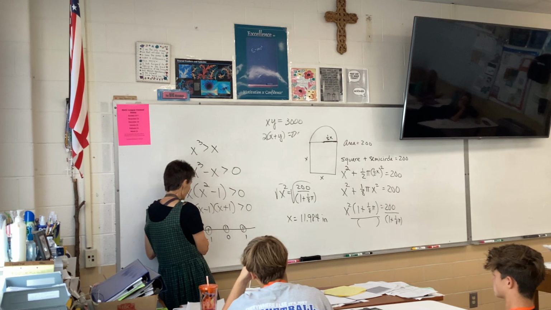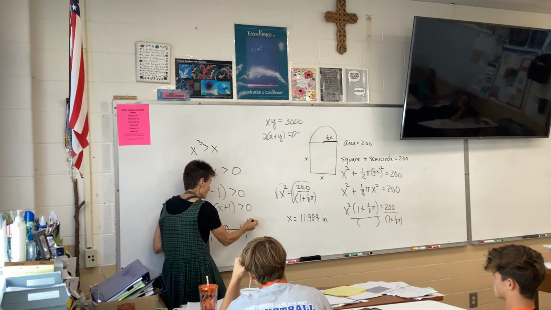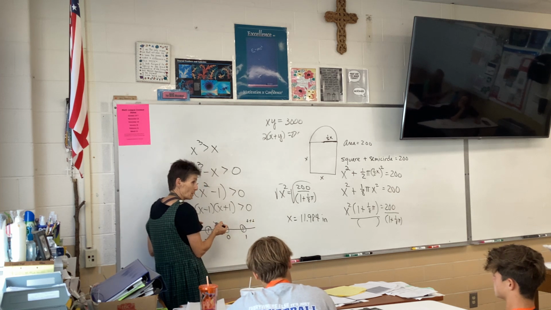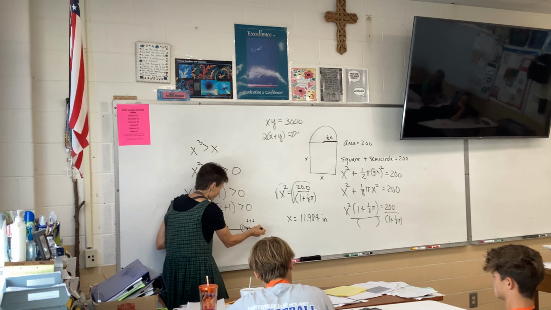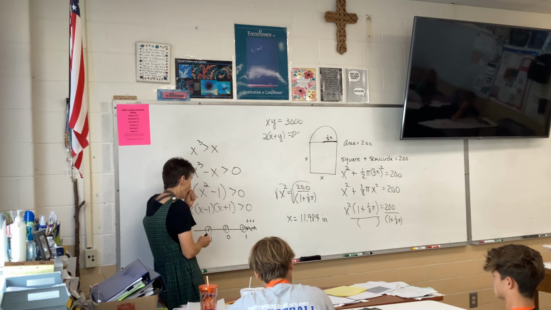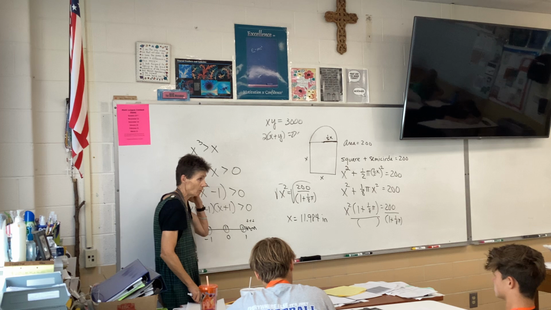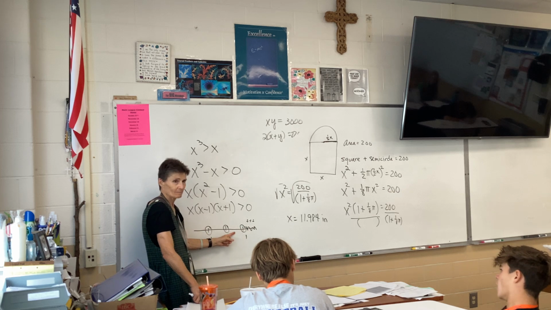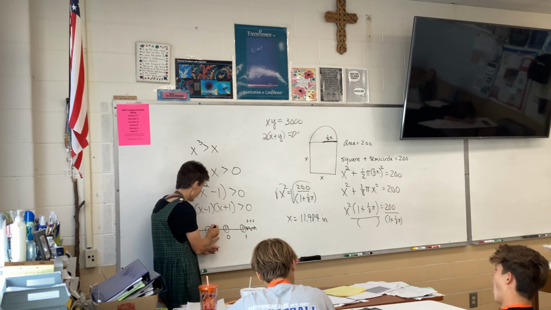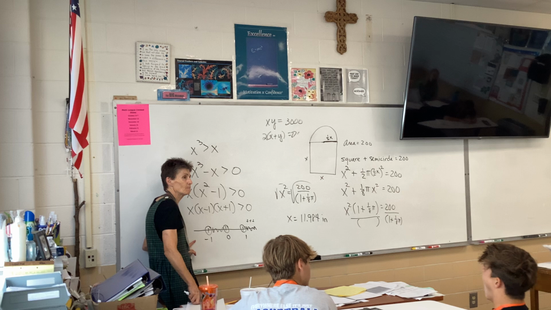If I put 2 in for all my x's, won't I be positive, positive, positive? Is that what I want? Yep, so we're going to shade that. Since I shaded that one, I won't, I will, and I won't.